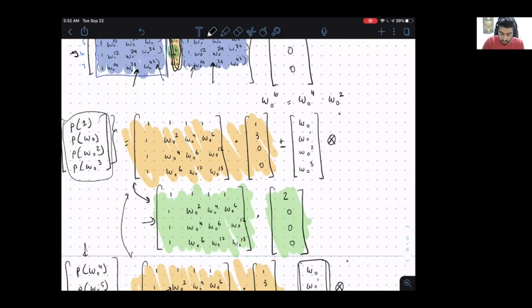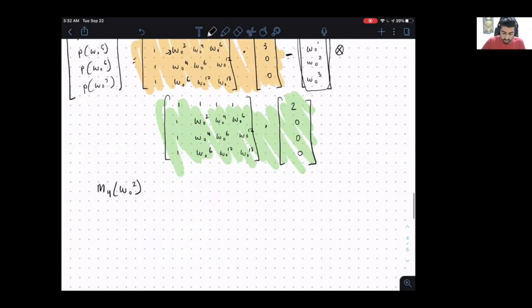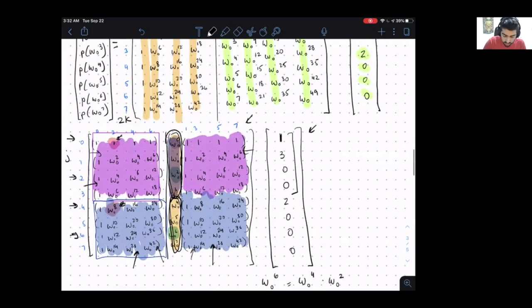So in this case, omega naught squared, omega naught to the fourth, omega naught to the sixth, and so on. And specifically, the reason why that's the case is because all of these columns that we got this original matrix from were even columns, and the rows were still the same. So all of these terms were of the form omega naught to the 2jk, which is the same as omega naught to the jk, squared.